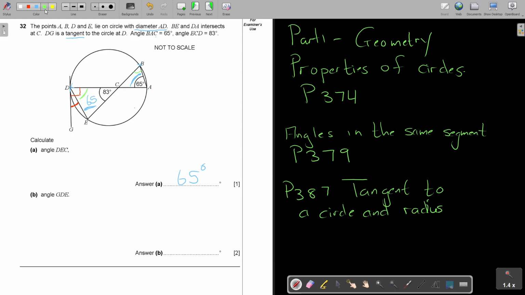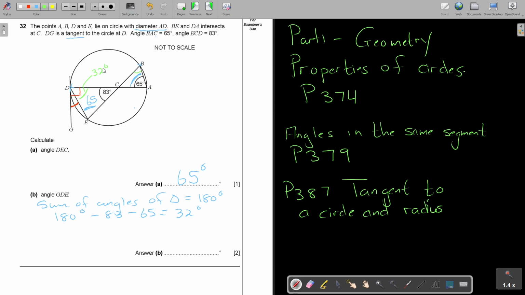Now, the sum of the angles of a triangle is equal to 180 degrees. So I can say 180 minus the 83 minus the 65, and that is going to give me 32 degrees. So this little green one here is 32 degrees.